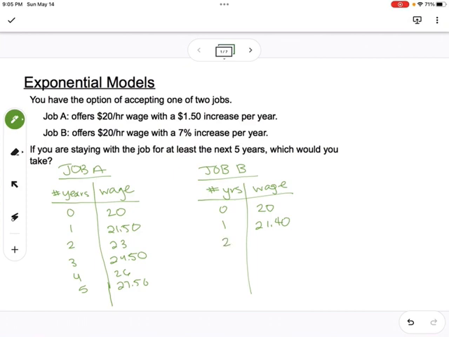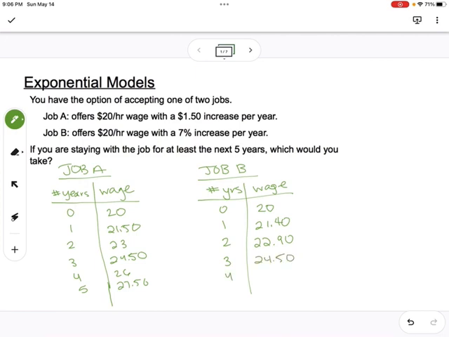Year 2, we are multiplying $21.40 times 0.07. And we get a $1.50 raise on that, so $22.90. At year 3, it'll be the $22.90 times the 7% to give us $24.50.